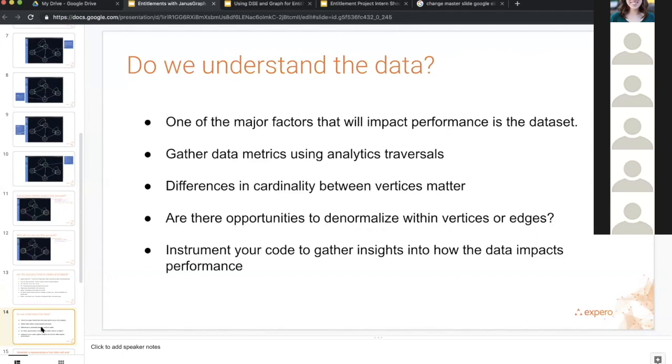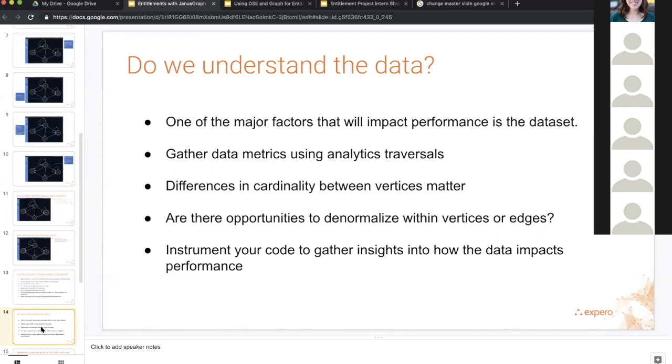And you really, really need to understand the dimensionality of your data. Because if you don't understand the data, it's going to influence how your traversals perform. So it's basically the projection, but also how your data has been projected, and understanding the cardinality of that data is really important in meeting those SLAs.